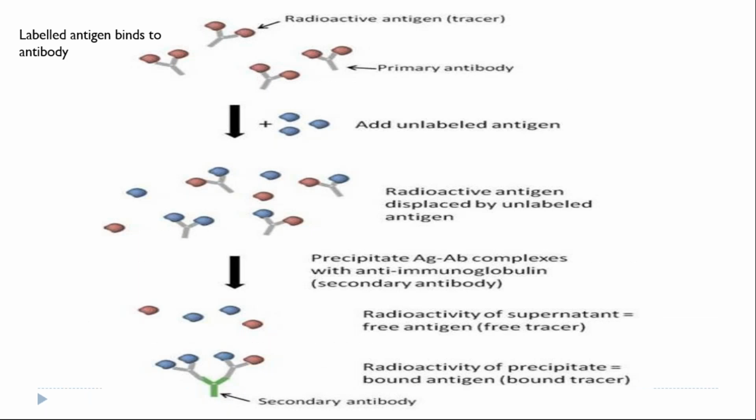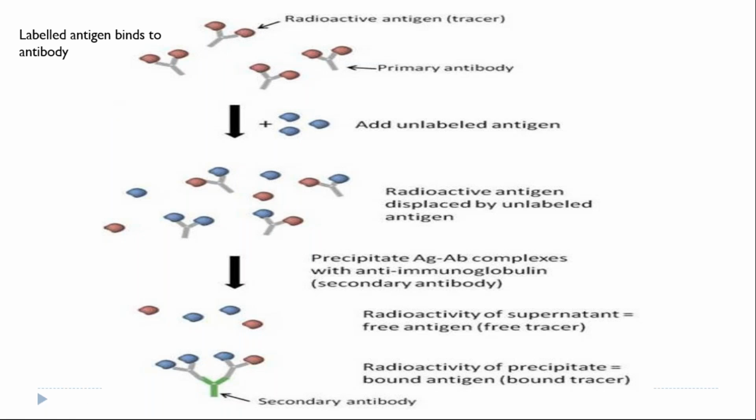So this is the protocol for the radioimmunoassay. Here, what you do is you first have to prepare a labeled analyte, a labeled antigen. You use either tritium or iodine to label the antigen.